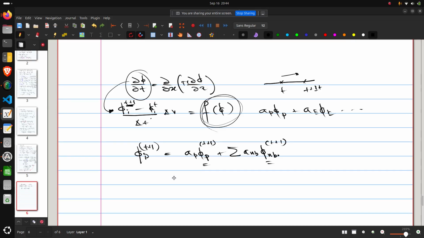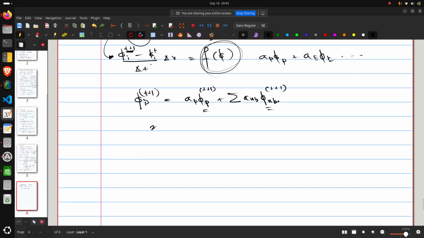What does a system of linear equations mean? It means something like this: a x1 plus b x2 plus c x3 and so on, d x1 plus e x2 plus f x3 and so on, equal to some α1, α2, like this, right?